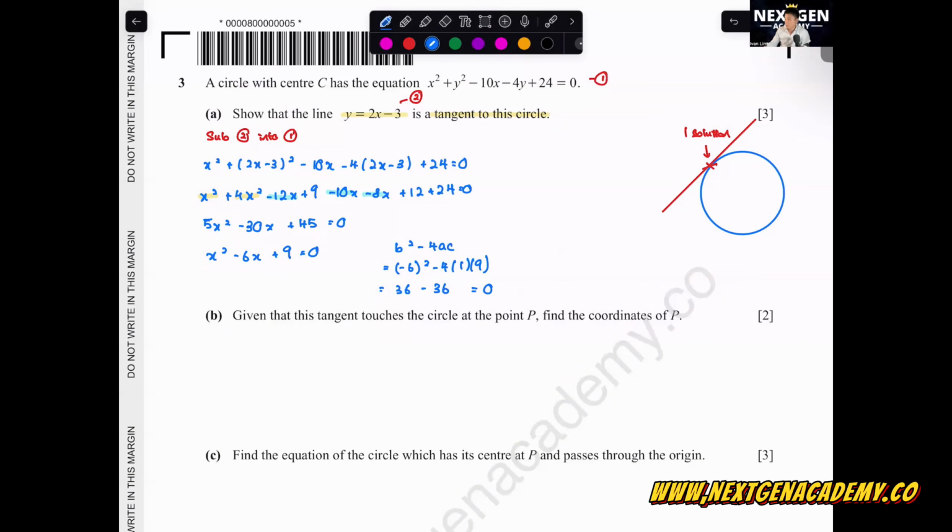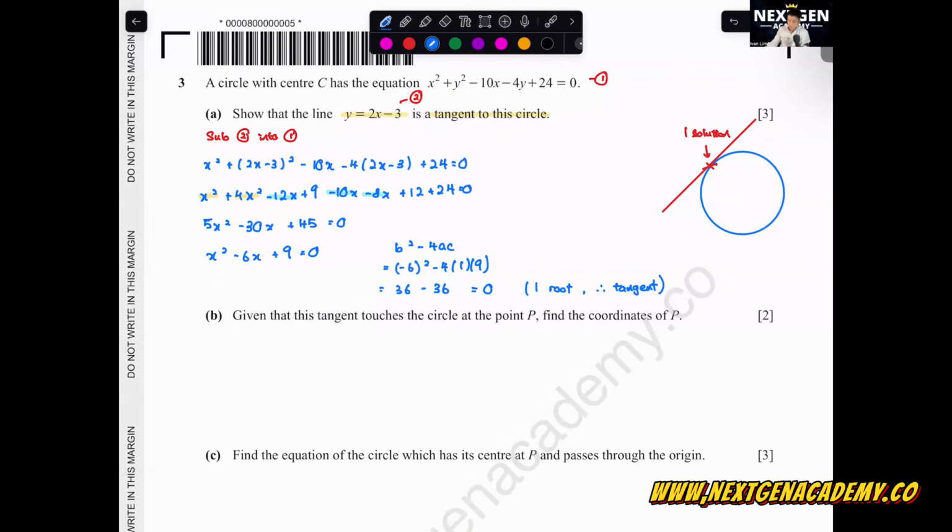So we can prove b squared minus 4ac equals 0. That means this has one root or one solution only. Therefore, you can write tangent. Just write a short sentence to prove that you understand what you're doing. Got it?